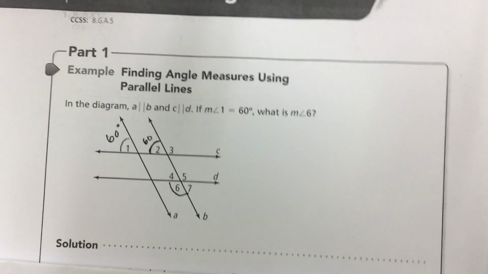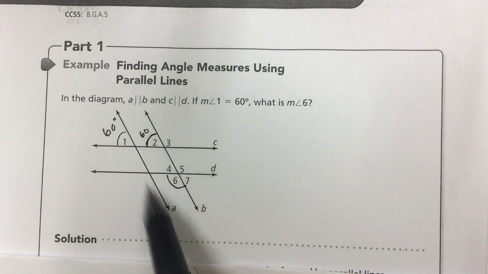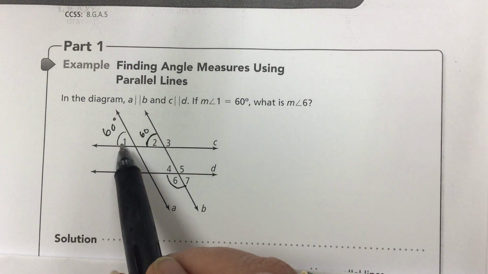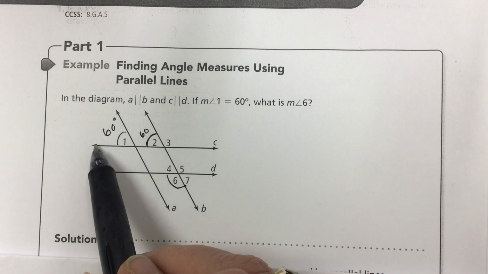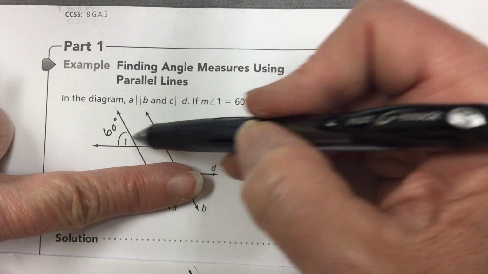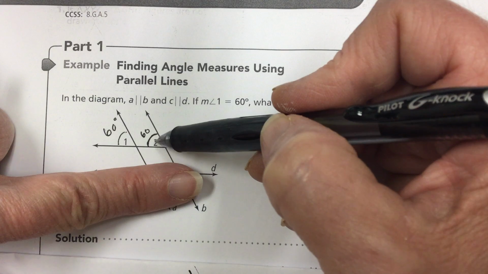So we went from knowing we had two parallel lines, C and D, and two parallel lines, A and B. We knew that angle 1 was 60. Well, if I use the two parallel lines cut by the transversal, just using the top part of my figure, 1 and 2 are corresponding. 1 is 60, therefore 2 is 60.